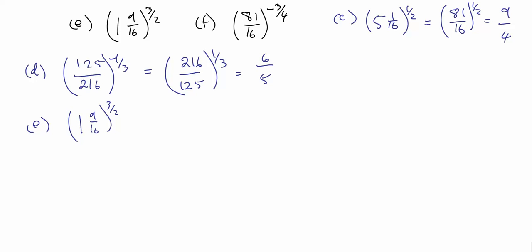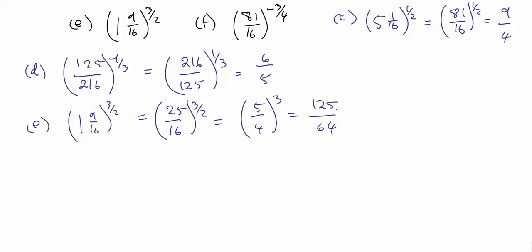Part E, 1 and 9/16 to the power of 3 over 2. Well, again, we need to write that as an improper fraction, which would be 25 over 16, so 3 over 2. So that is the square root of 25 over 16, which is 5 over 4, cubed, which is 125 over 64.